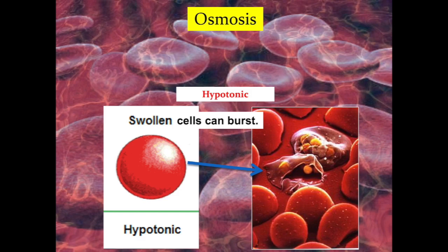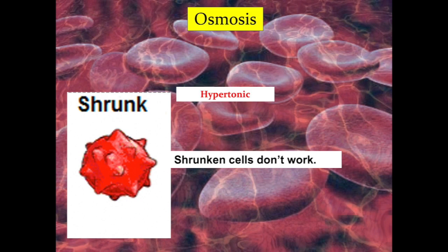It's either in the stool or we may urinate it out. Again, shrunken cells in that hypertonic environment don't work. It's an odd-shaped cell. It can't function getting into the capillaries, into the picture that you memorized of the arterial, the capillaries, and the venule.